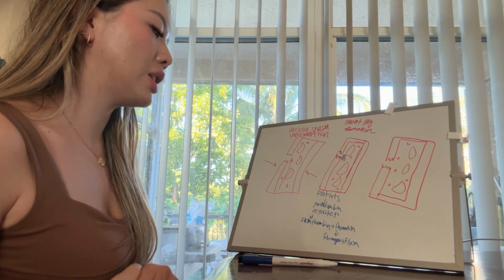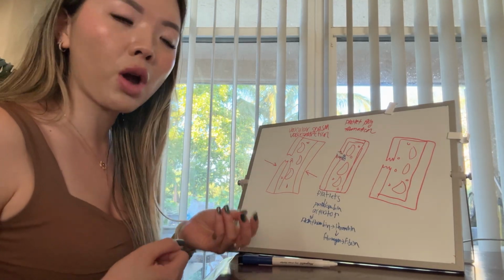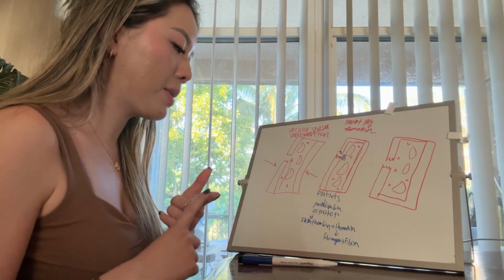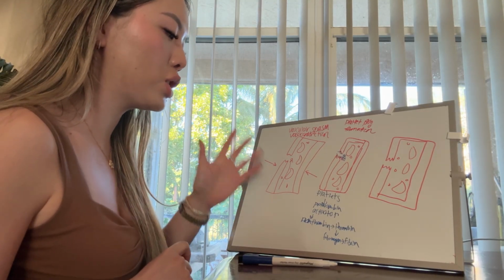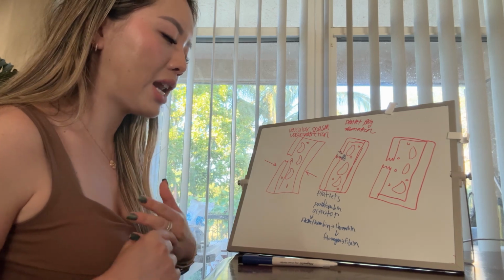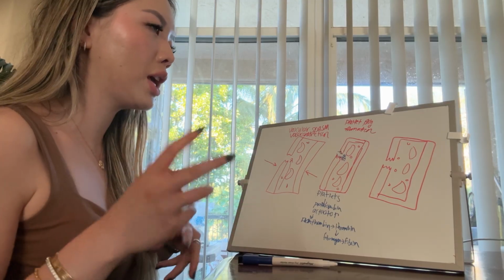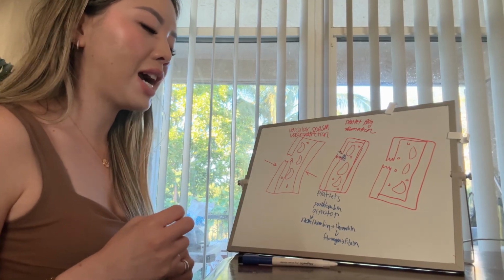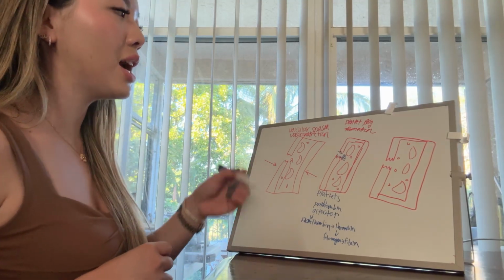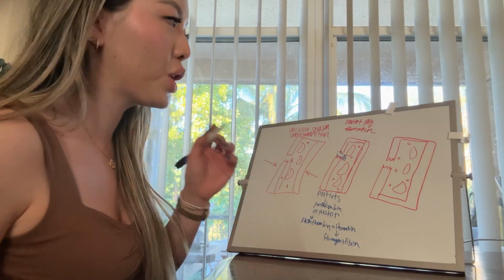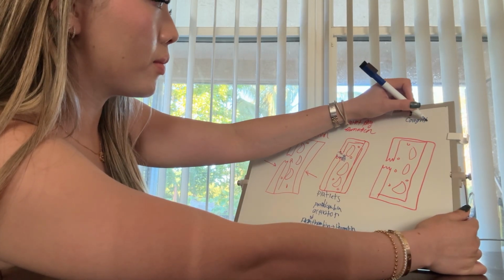Prothrombin activator is then going to activate prothrombin, which requires vitamin K and is made in the liver, which is then going to convert into thrombin. Thrombin is then going to activate fibrinogen, which is free floating in the blood, into fibrin. So that fibrin is then going to move into our third step, which is coagulation.